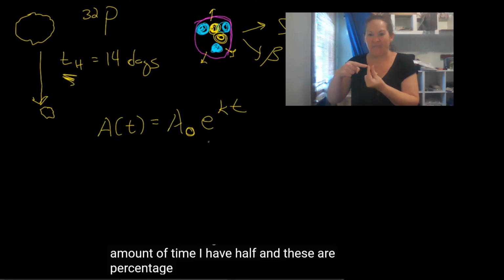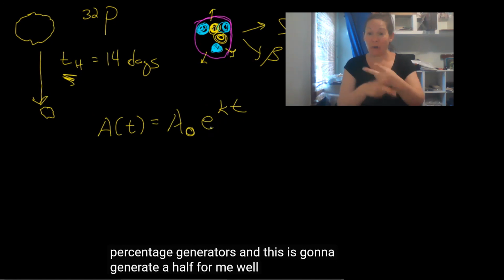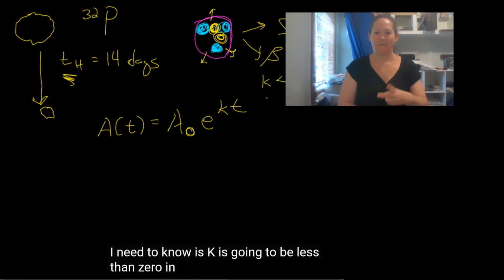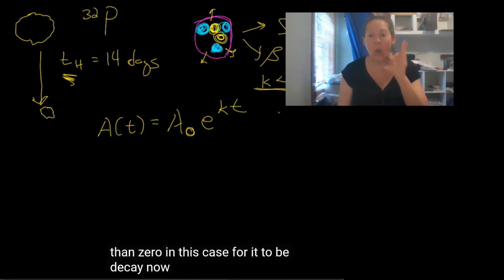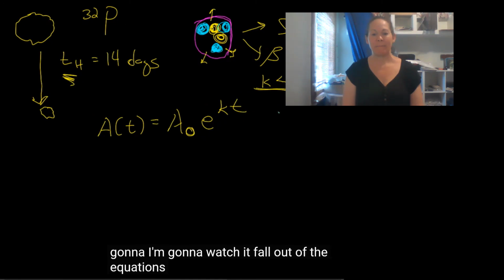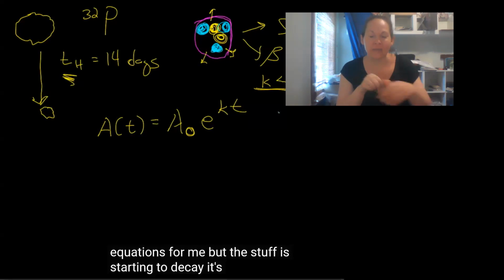And these are percentage generators. And this is going to generate a half for me. Well, what I need to know is k is going to be less than 0 in this case, for it to be decay. Now, I'm not going to force that. I'm going to watch it fall out of the equations for me. But the stuff is starting to decay.